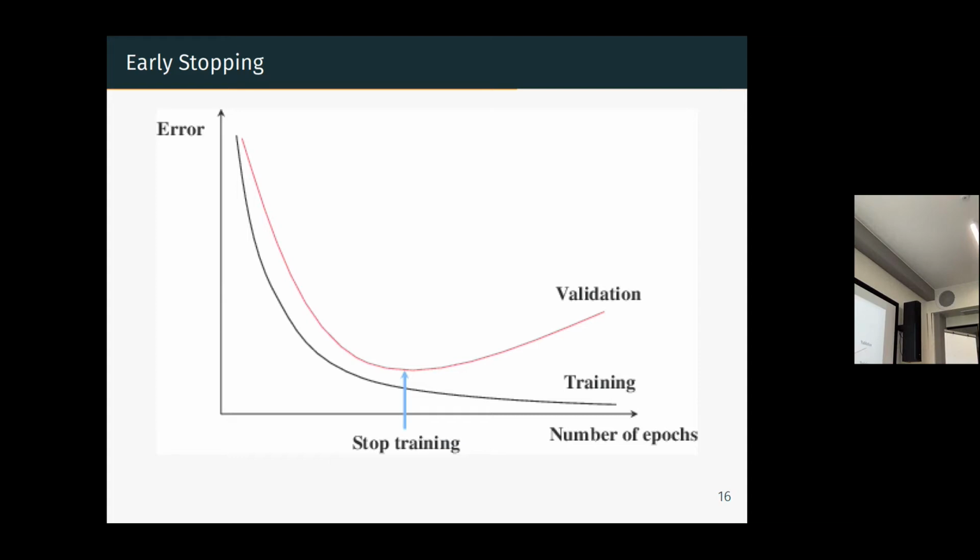But generally in current neural network and machine learning libraries, what you do is you have a patience parameter. So you say, okay, I'll wait like 30 epochs, 50 epochs, and if in 50 epochs my validation set has not improved, I stop here, and I recover the state of my model where the validation set was at its minimum. This is early stopping.